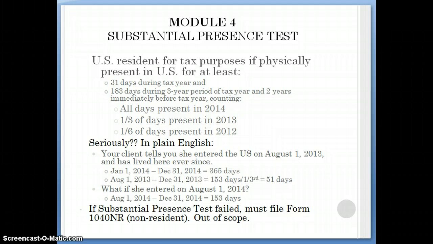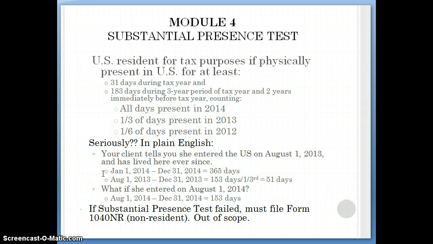Well, it's probably better explained by an example that you see here on your monitor. So let's say that your client tells you she entered the U.S. on August 1st of 2013, and she's lived here ever since. As you see here, January 1 through December 31 of 2014 is 365 days.